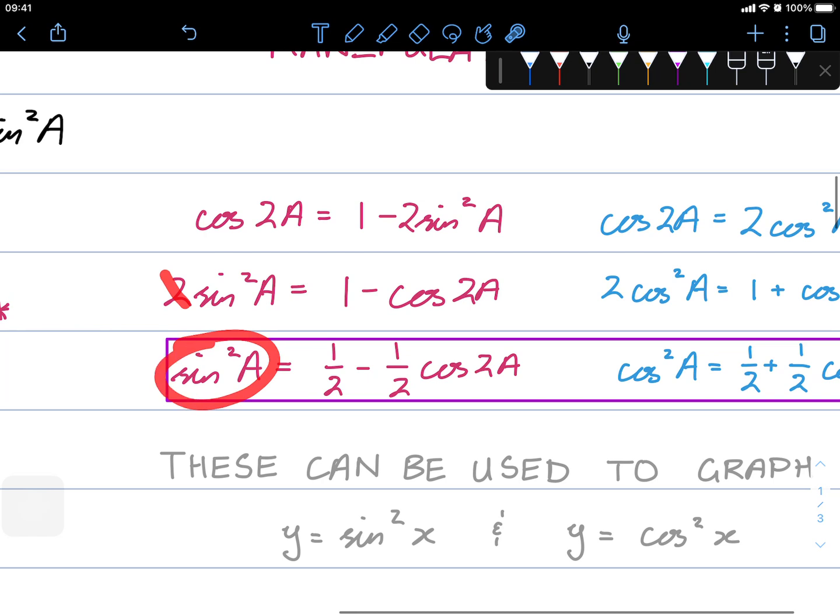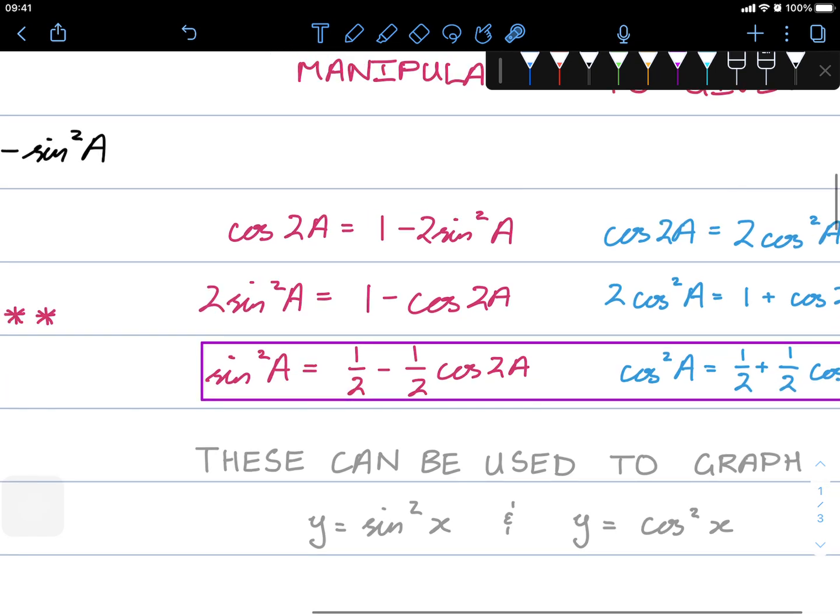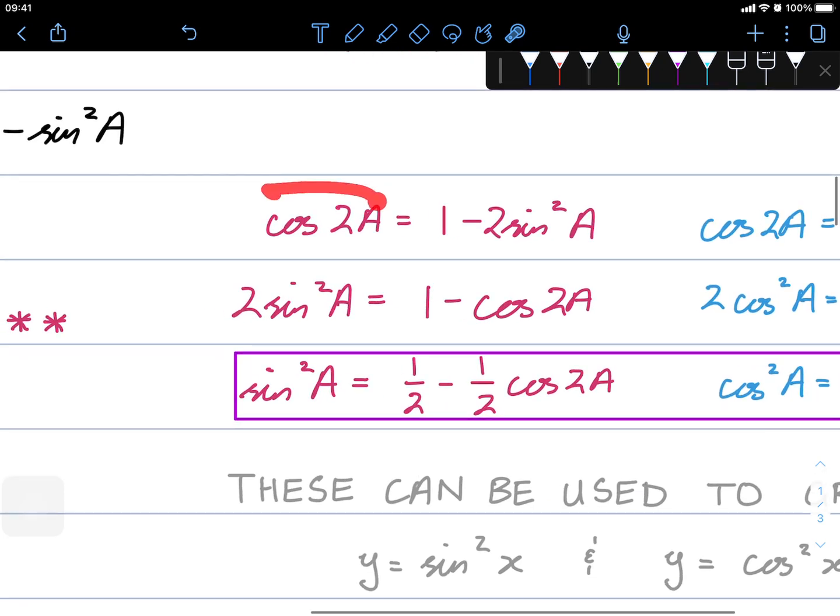We get sine squared a equals half minus half cos 2a. This is how we will actually later on graph sine squared of a, because normally we can only graph things with sine, cos, and tan, but never with sine squared.